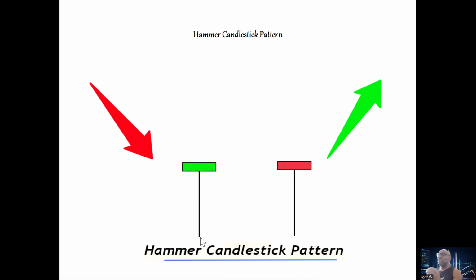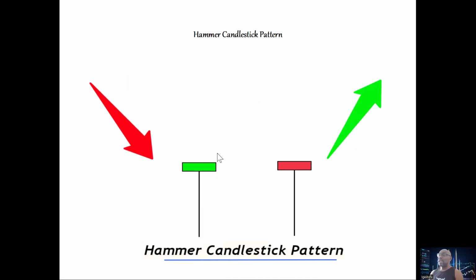These candlestick patterns are supposed to appear at a support level for them to be valid, not just anyhow place, but at a support level.